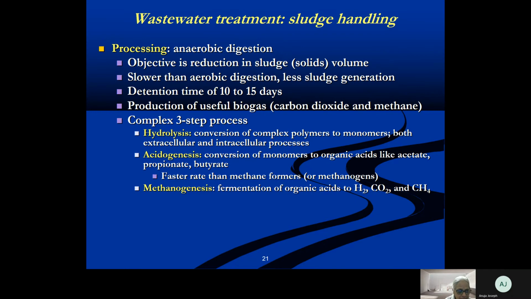Anaerobic digestion by nature is much slower than aerobic digestion. Because of that, the detention time is in the order of days, not hours. So the mean cell retention time is anywhere from 10 to 15 days. The biomass has to be kept inside the digester for at least 10 to 15 days. The hydraulic detention time is much less.